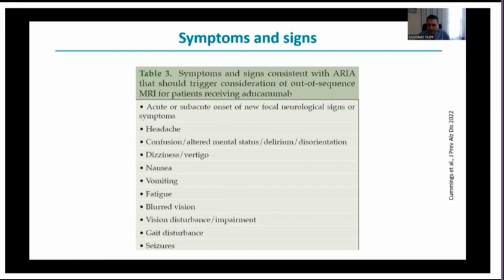Plus, we have signs of encephalopathy, which can result in headache, confusion, or in general altered mental status, dizziness, vertigo, nausea, vomiting, and so on. So we have a set of focal symptoms and signs due to the location of the lesion, plus some signs of encephalopathy.